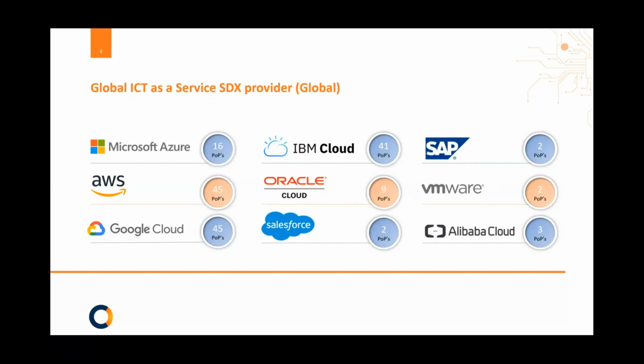We are connected to all the termination points of Azure, AWS, Google, and IBM Cloud, and we also have connections to the SaaS providers. If you want a Salesforce connection, or you're using SAP Cloud or Oracle Cloud, or multiple clouds, we have multiple solutions to connect those.